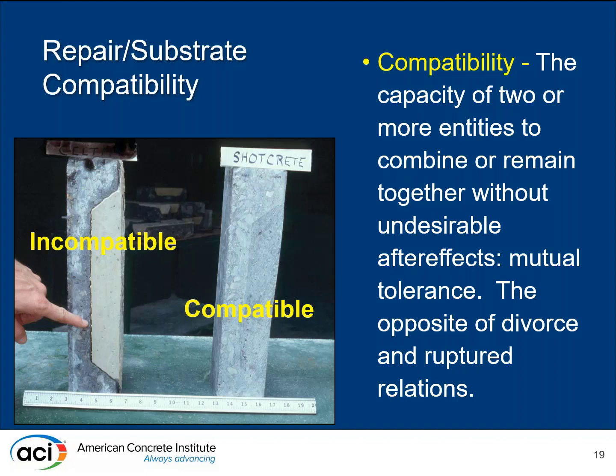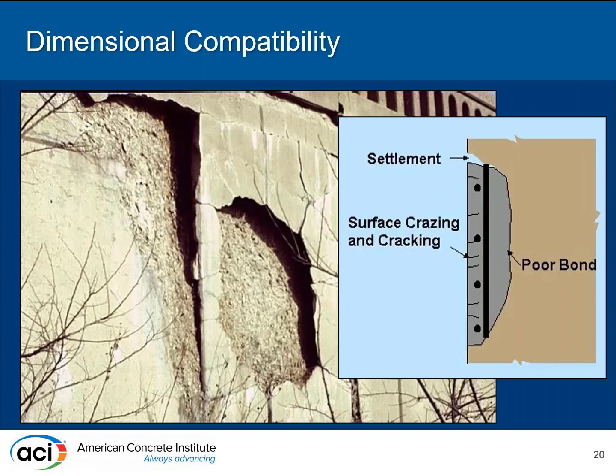At the end of the day, you're not getting two separate items, but one item that has two parts working together. As you can see here, on the left you have incompatible materials. Both of them are fine in and of themselves, but they're not working together. Whereas on the right, there are two sections that are working together, and they really become one.